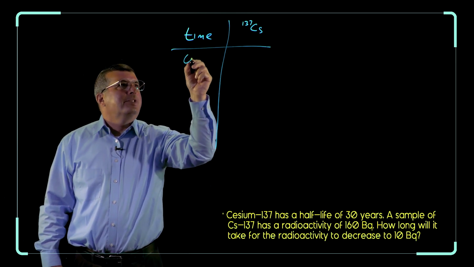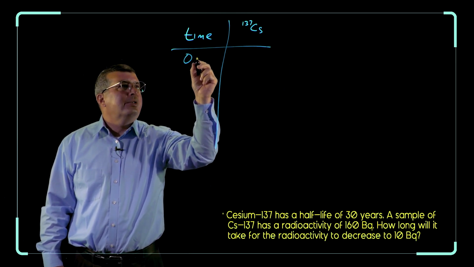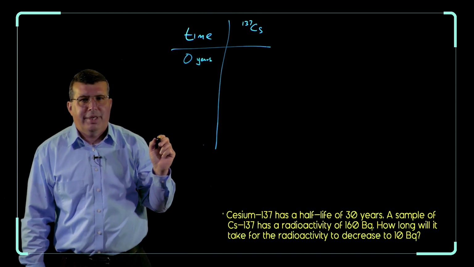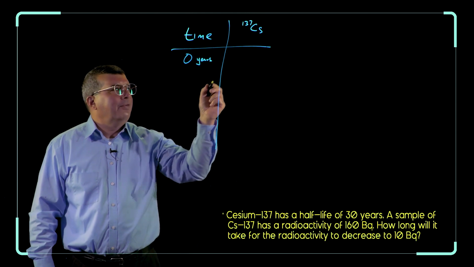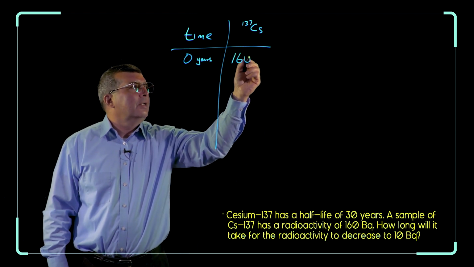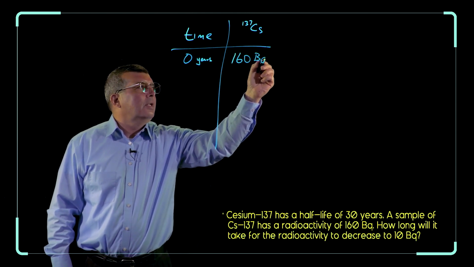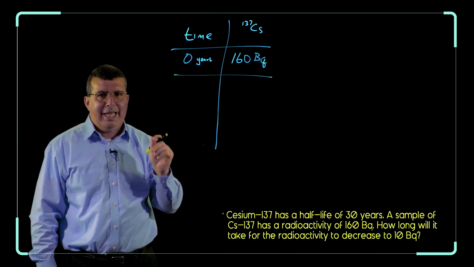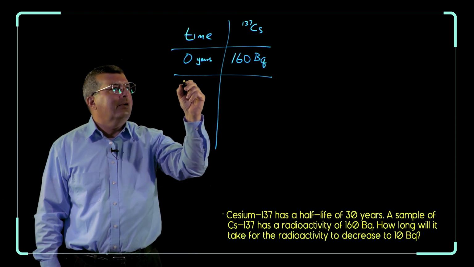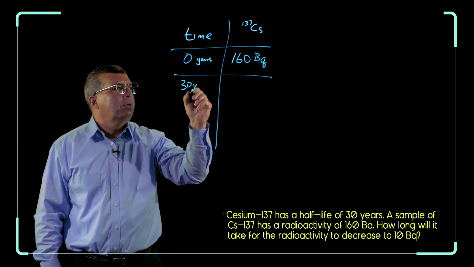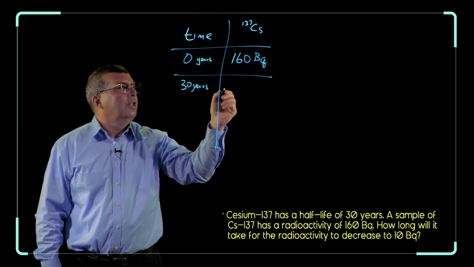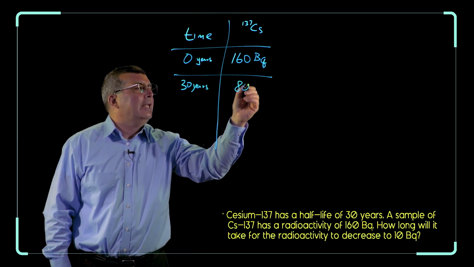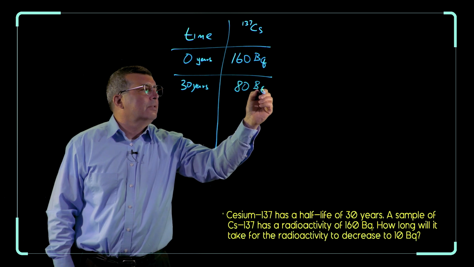So at time 0 years, the cesium has a radioactivity of 160 becquerels. So after one half-life, which is 30 years, the radioactivity will have decreased by half, and that will be 80 becquerels.